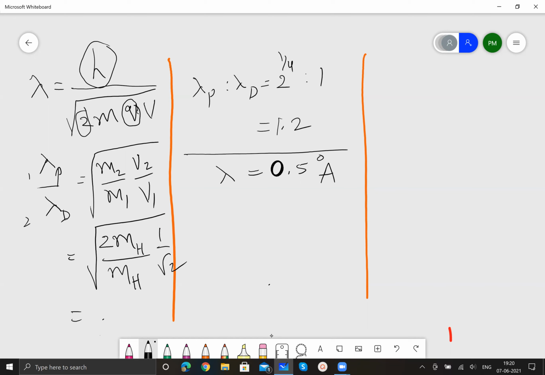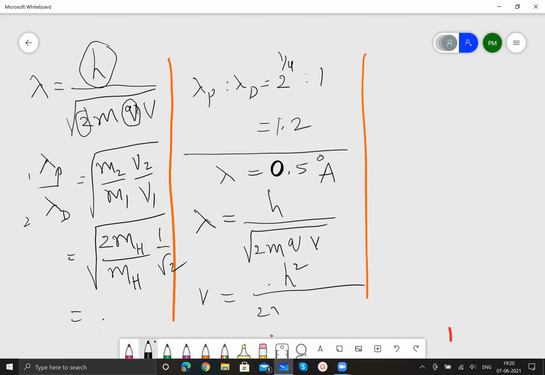Same formula: lambda equals h by root over 2mq into potential difference. Therefore V equals h square by 2m into lambda square into e.